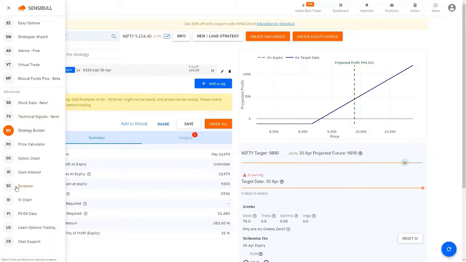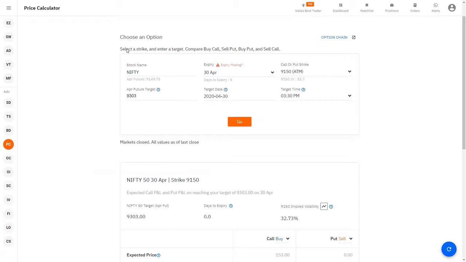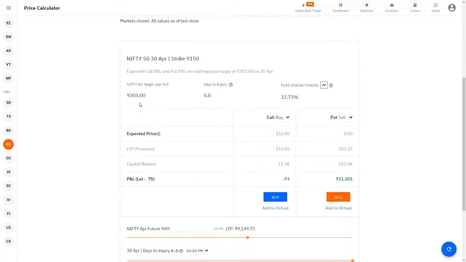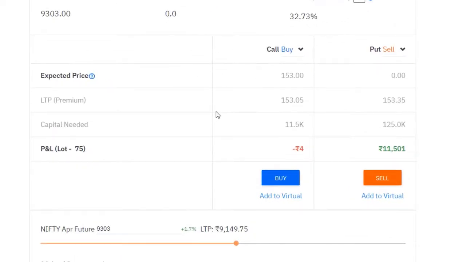We can look at another interesting tool to see this thing playing out. So if you look at this particular tool, you can see how option price changes with the price of the underlying.